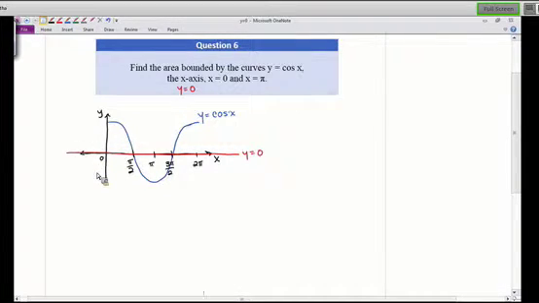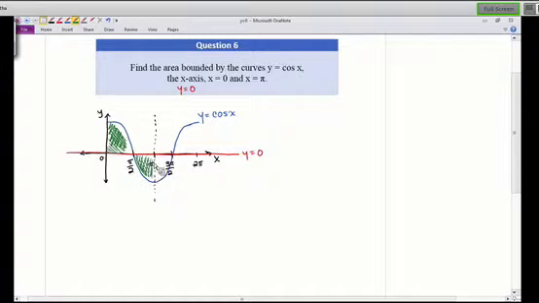Now we're looking for the area bounded by the curve from 0 here to pi here. I'm going to drop a dotted line through pi so that we can identify the area we're looking for. We're looking for the area bounded by the curves here, what I'm shading in green, and also here.